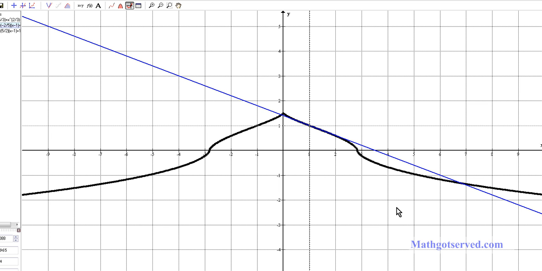Can you visualize what the normal line will look like? The normal line is going to go through the point (1, 1), and it's going to be perpendicular to your tangent line.